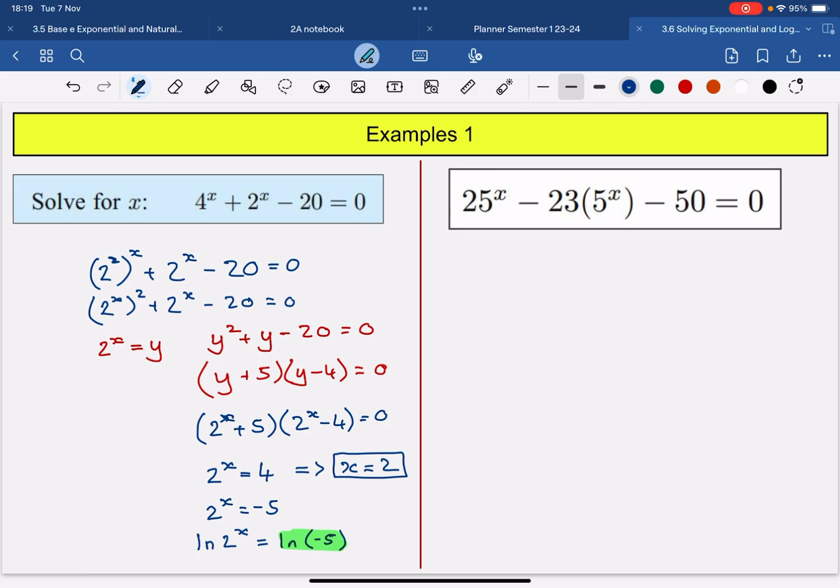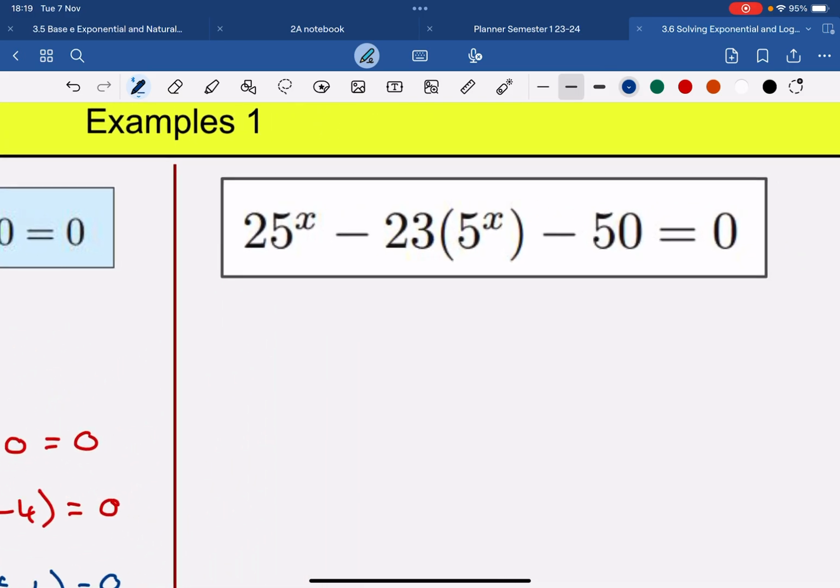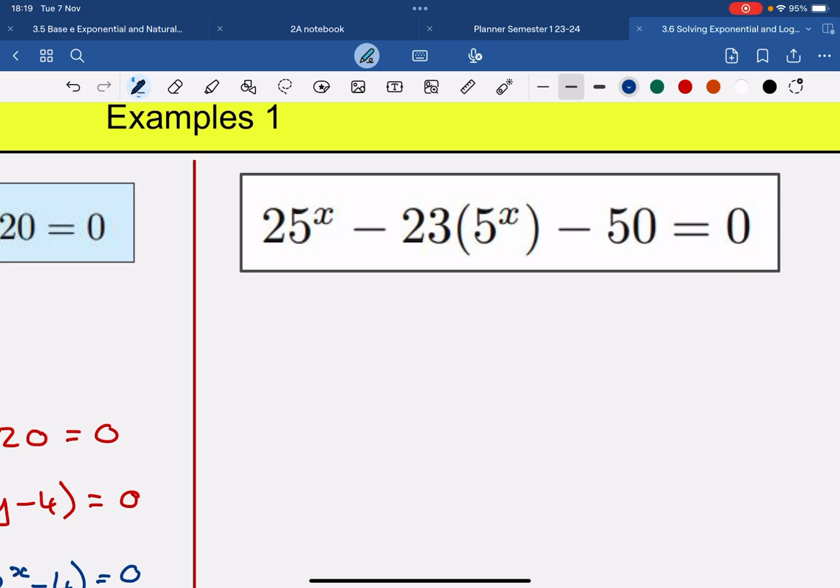So if you want to pause the video and try doing the second one, and if you're not sure, I'll go through the second one now. 25 to the x, I'm going to write that as 5 to the x squared, minus 23 times 5 to the x, minus 50 equals 0.